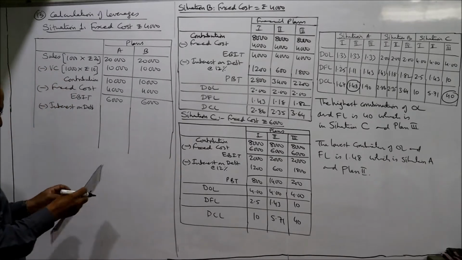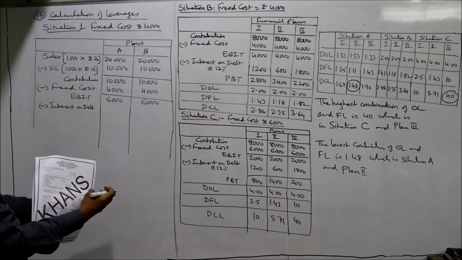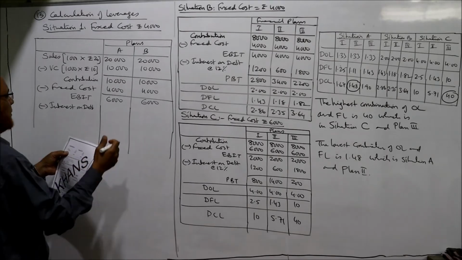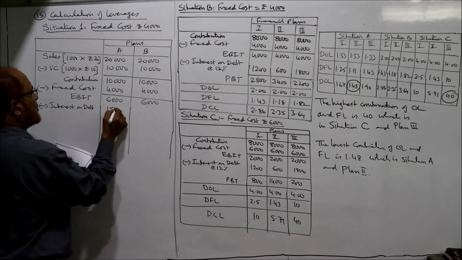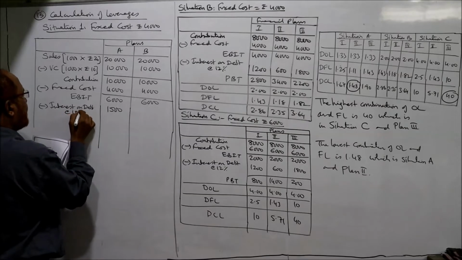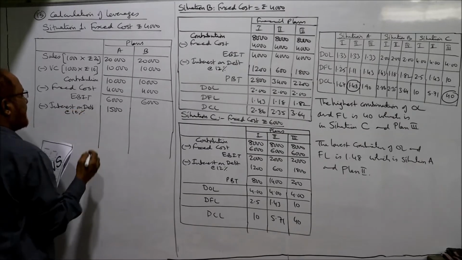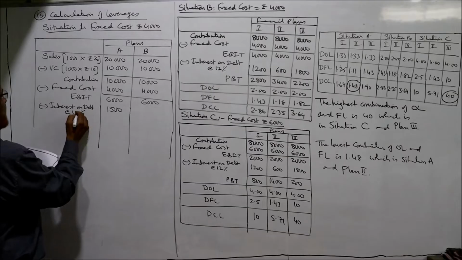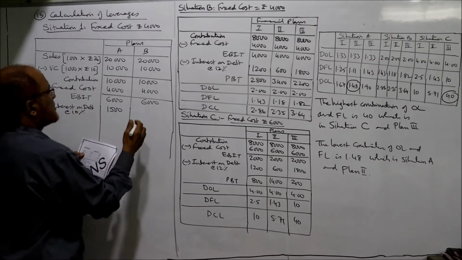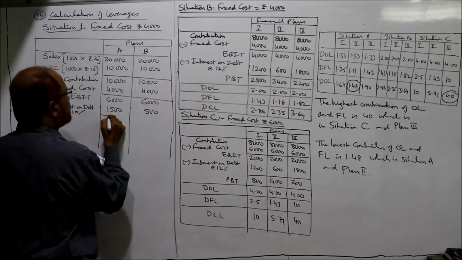Interest on debt. Interest on debt is 10% of 15,000, 1,500. 10% of 15,000 is 1,500. The 10% of 5,000 is 500.